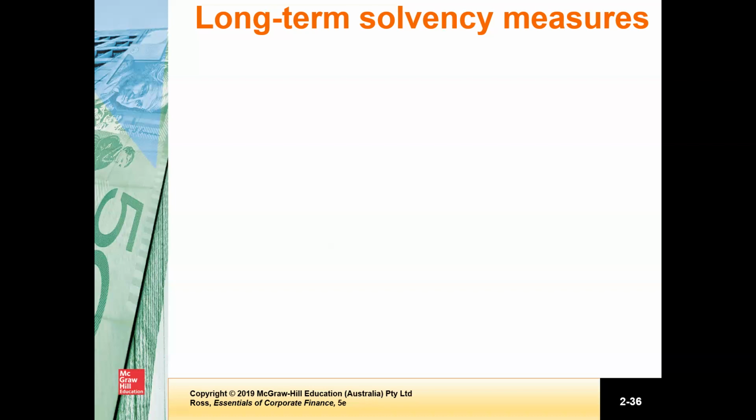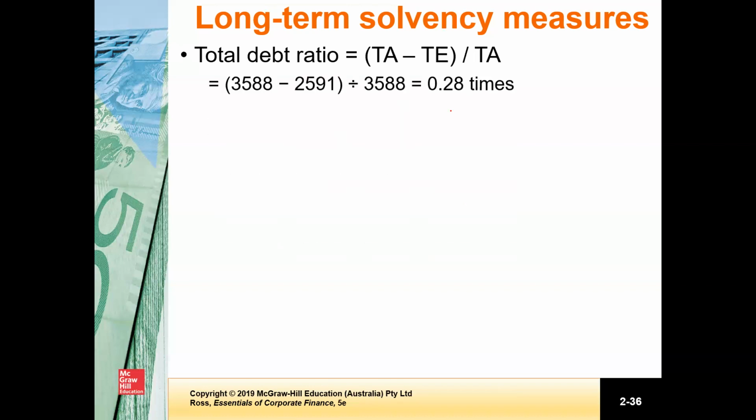Okay. The first one is the total debt ratio, which is total assets minus total equity divided by total assets. So for example, a company has a total debt ratio of 0.28 times. So total debt ratio takes into account all debts of all maturities to all creditors. Okay.